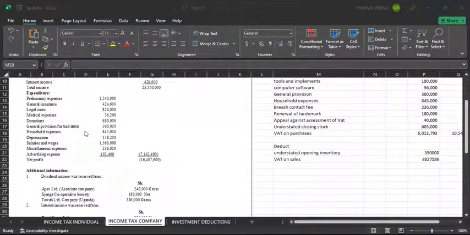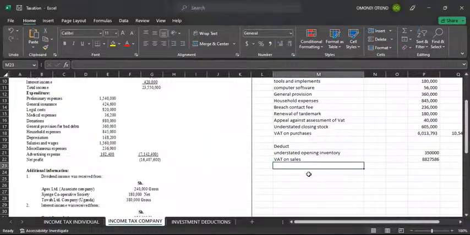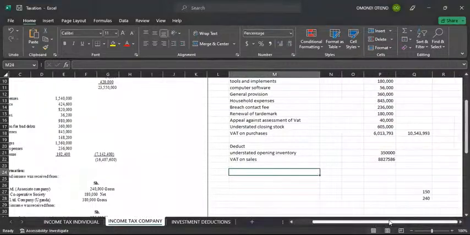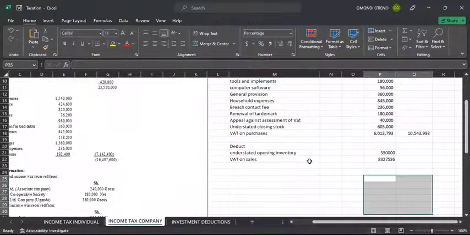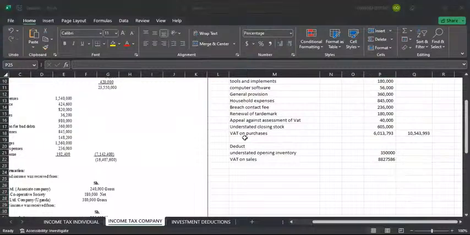Some people are asking me about the photocopying machine, which was given there. So my question is, we were able to see, pardon on VAT, that VAT on both purchases and sales is not supposed to be recognized as sales, and also not supposed to be recognized as expenses.